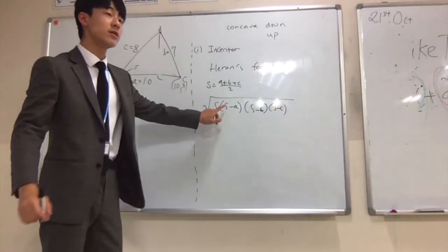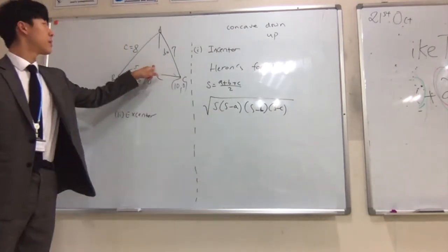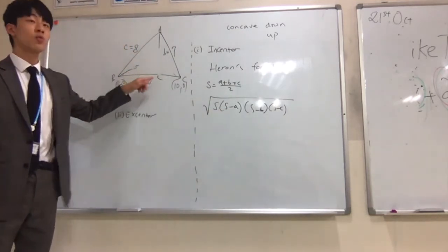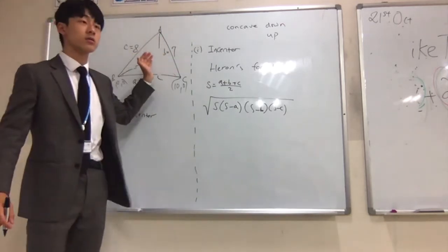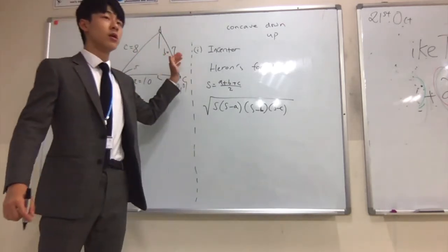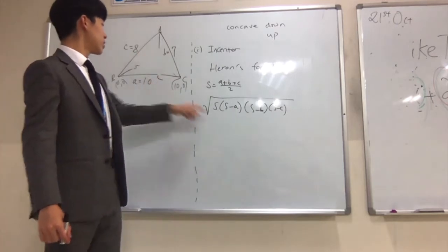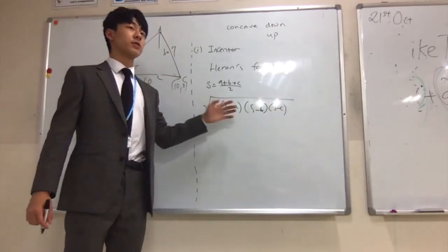We can just directly use this in this case because we know 8, 7, 10, which are the lengths of the sides of the triangle. So plugging these into this equation here would give us the area.